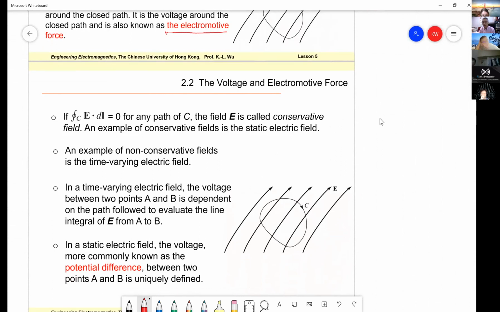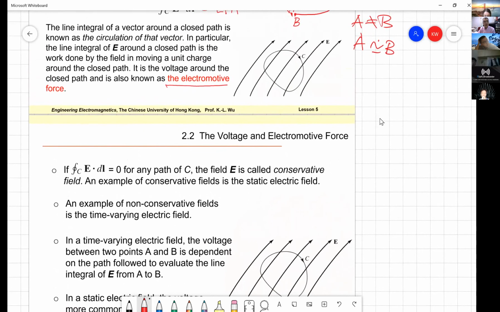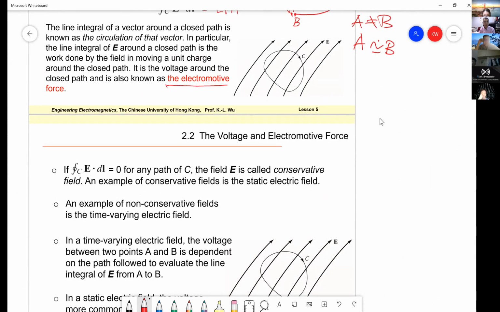And interestingly, we can mathematically prove that if the electrical field doesn't change with time, this is always true: the EMF equals 0.